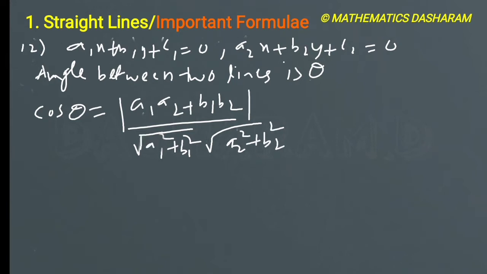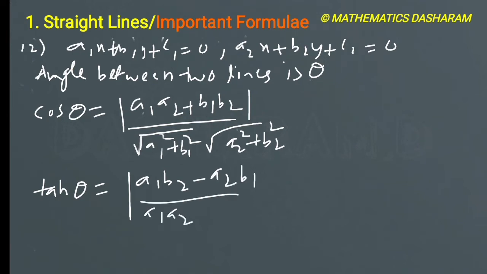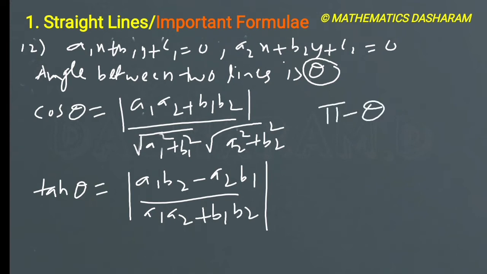One more formula to find theta is tan theta equals mod of a1 b2 minus a2 b1 divided by a1 a2 plus b1 b2. Here theta is an angle between two lines, but we have one more angle between the same two lines, that is pi minus theta. It is also an angle between the two lines.